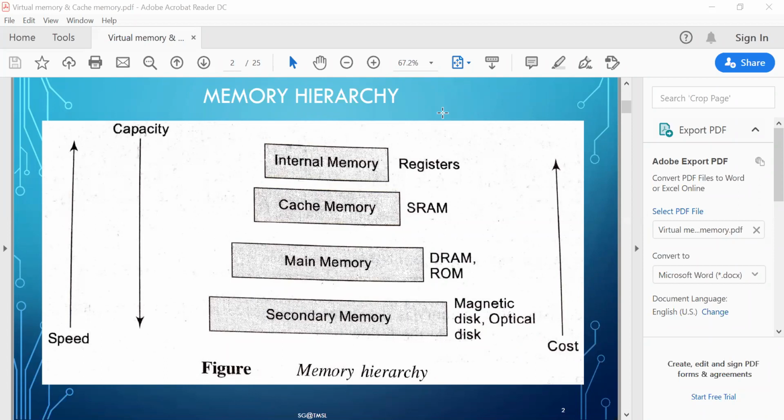So a technique is used to compensate for the speed mismatch between the CPU and the main memory, and it should be connected in such a way that the operation between the CPU and the memory will be much faster. The size must be small, but the data or program must be processed in a very fast way.